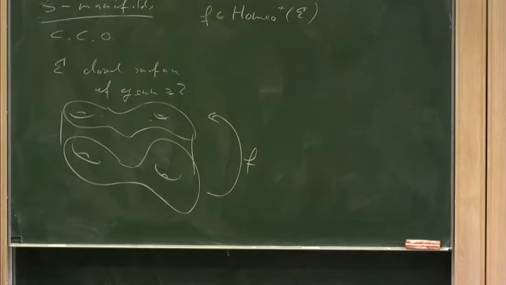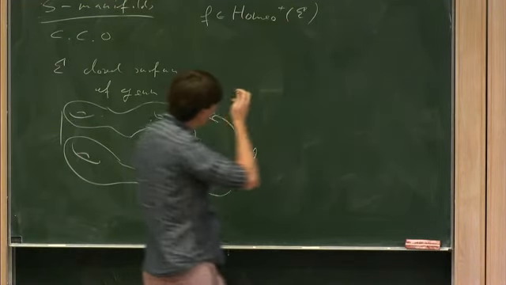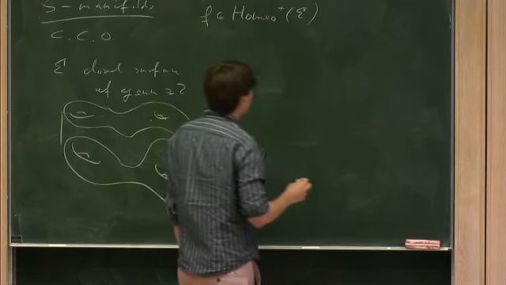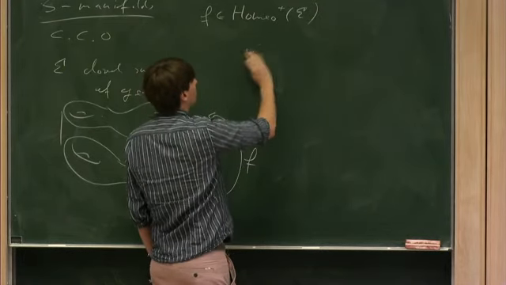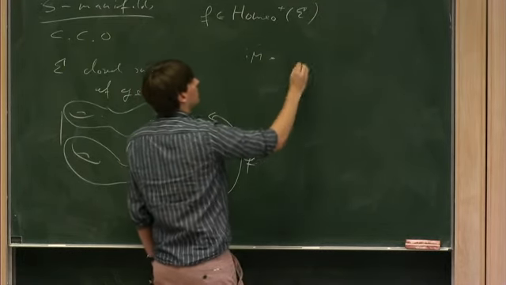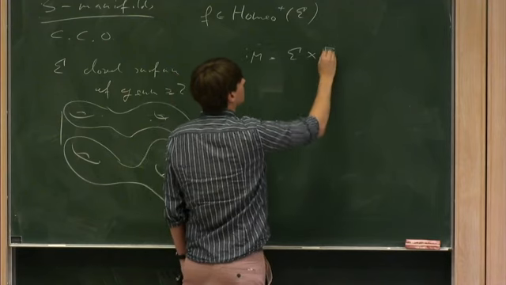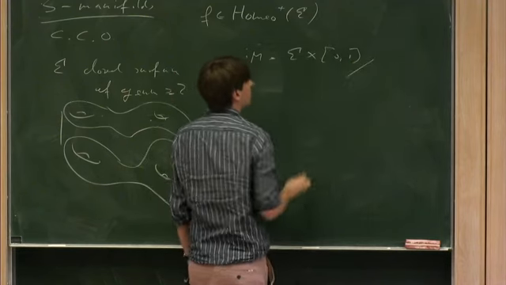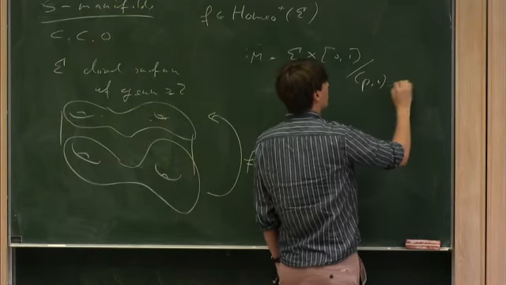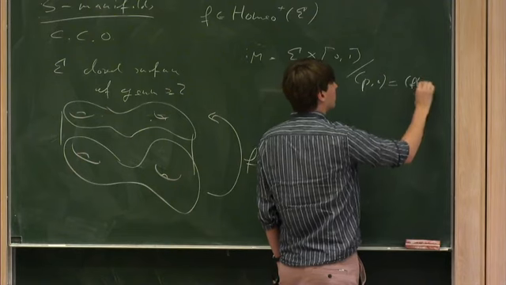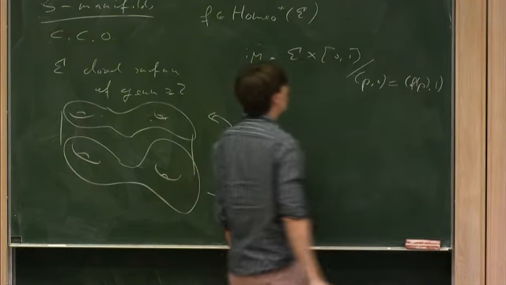So we obtain a manifold M by taking this torus, identifying point 0 with F of this point, 1.